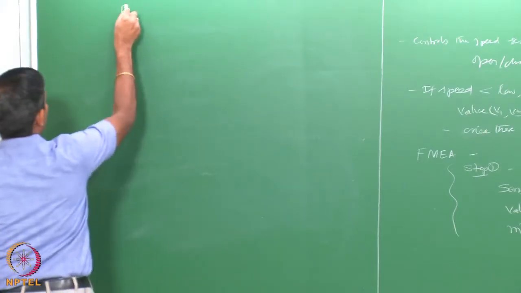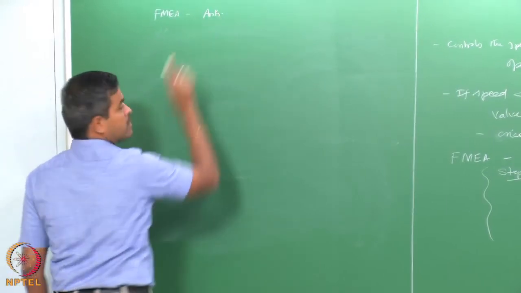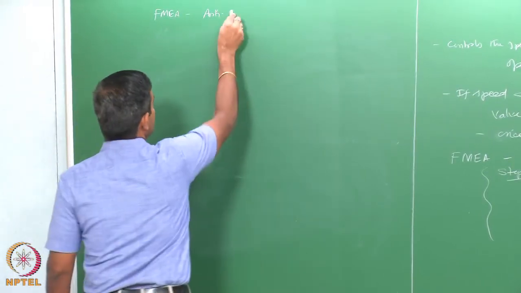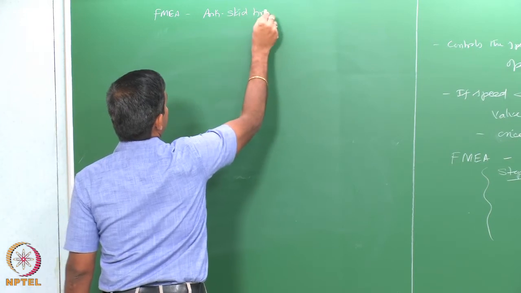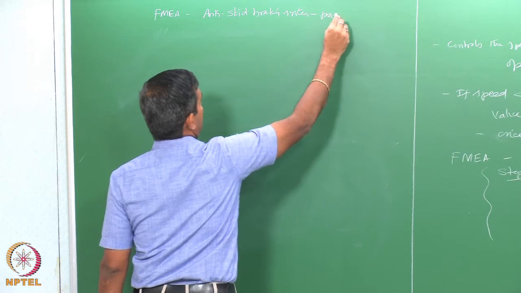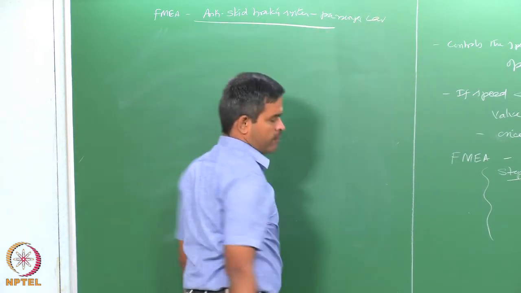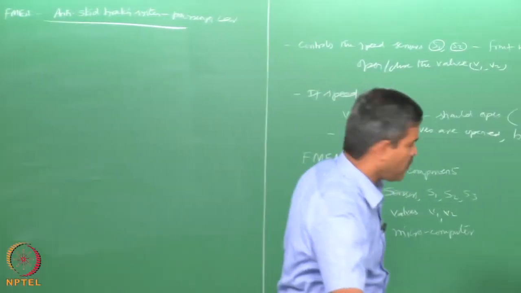Let us say we are talking about FMEA of an anti skid braking system for a passenger car, which is a very common phenomenon in most automobiles now.